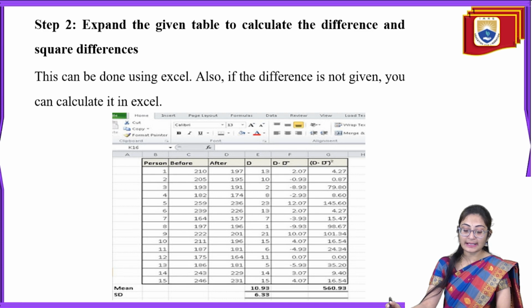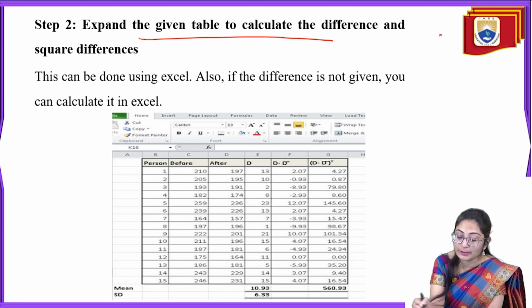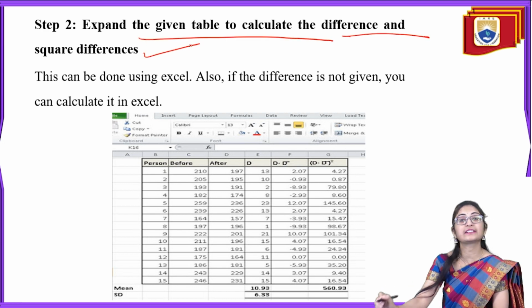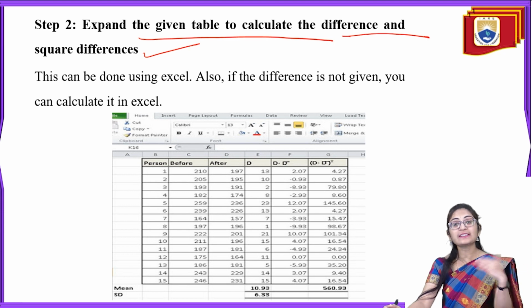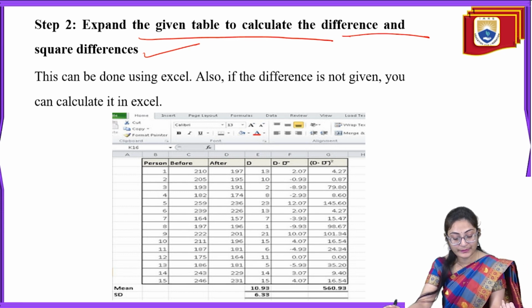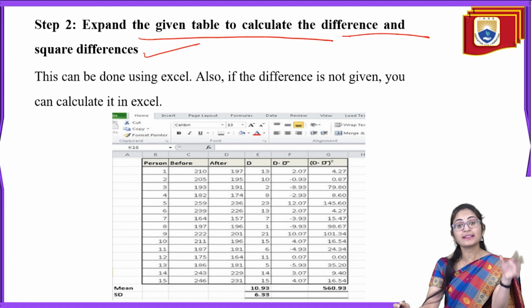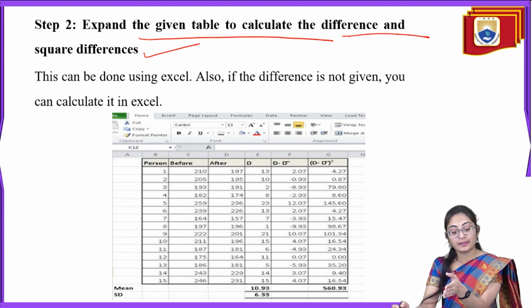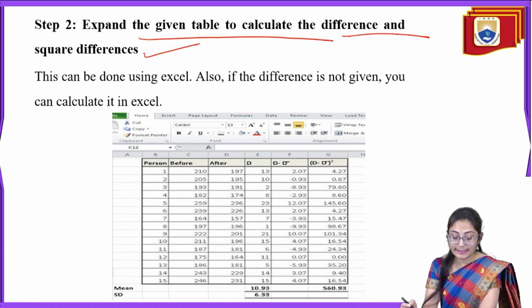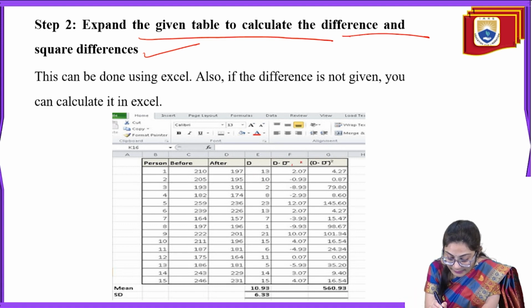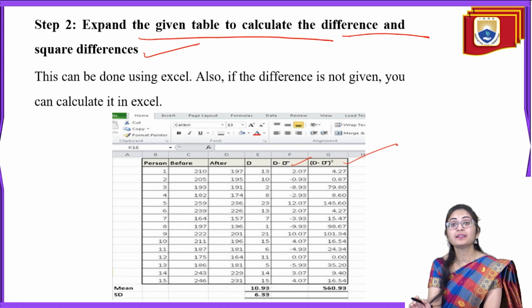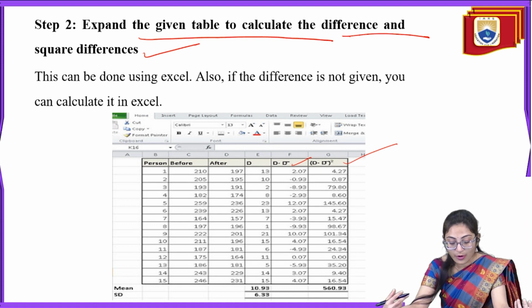Now step 2 is to expand the given table to calculate the difference and the squared differences. For this we will use an Excel sheet, and there is your table. There are some columns like person, before, after, then sigma d, sigma observations.